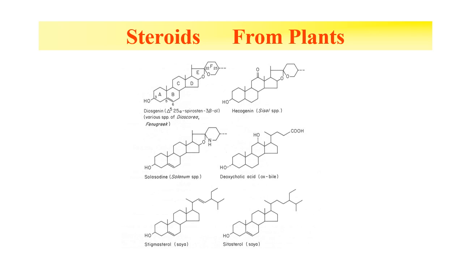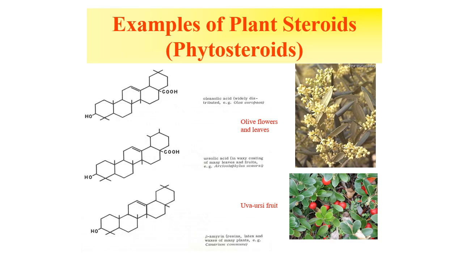But you can also find diosgenin in fenugreek seed and soy. So there are some very common sources of diosgenin, and it is the starting material for all of these human hormones. Here are some other examples of plant steroids, or phytosterols.